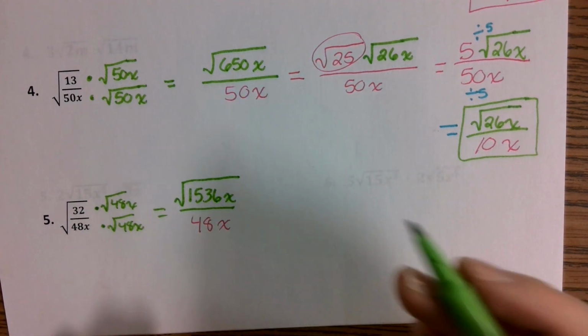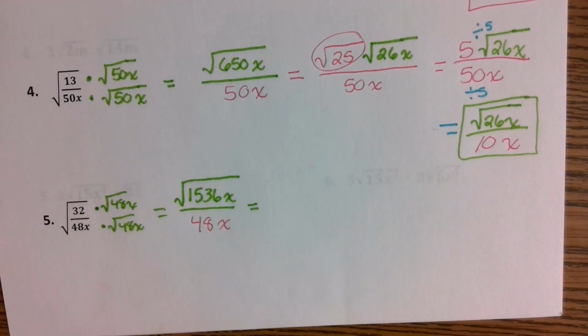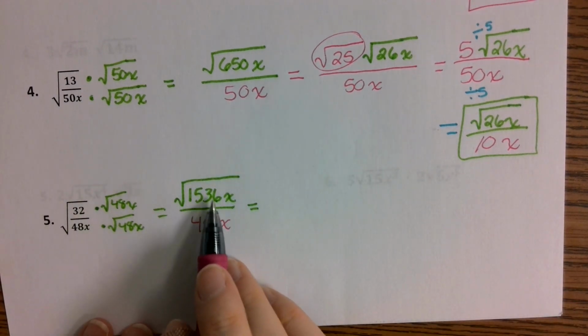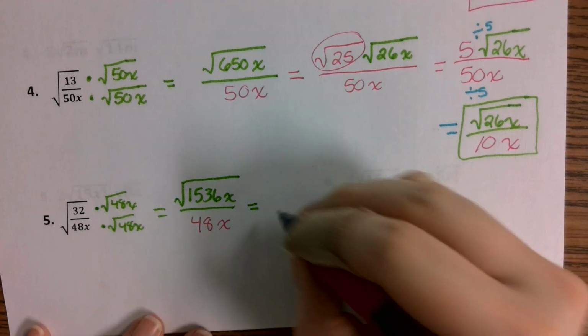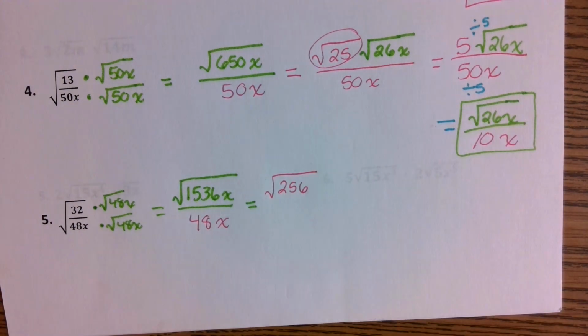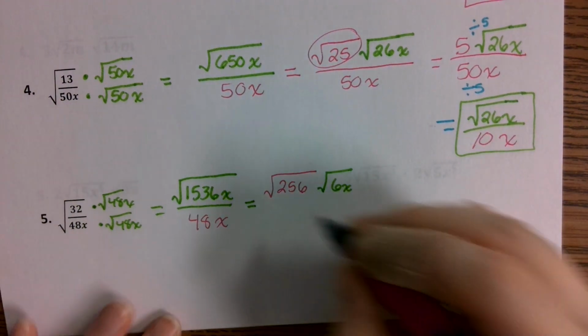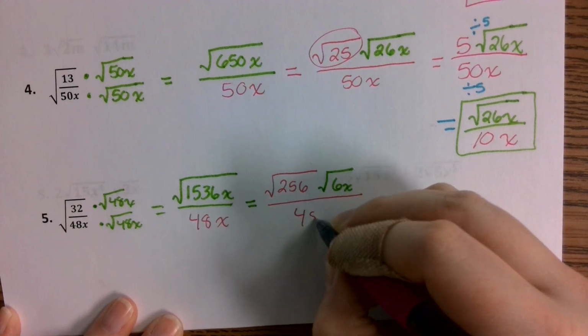And when you get it that big, it's kind of hard to see how you can break that up. The largest perfect square that can go into 1,536 is going to be the square root of 256. And then what you're left with is the square root of 6x. Okay, and the whole thing is over the already simplified 48x.